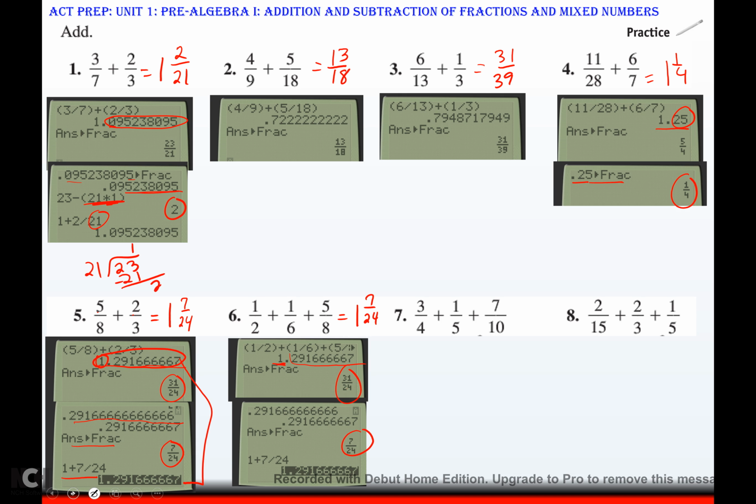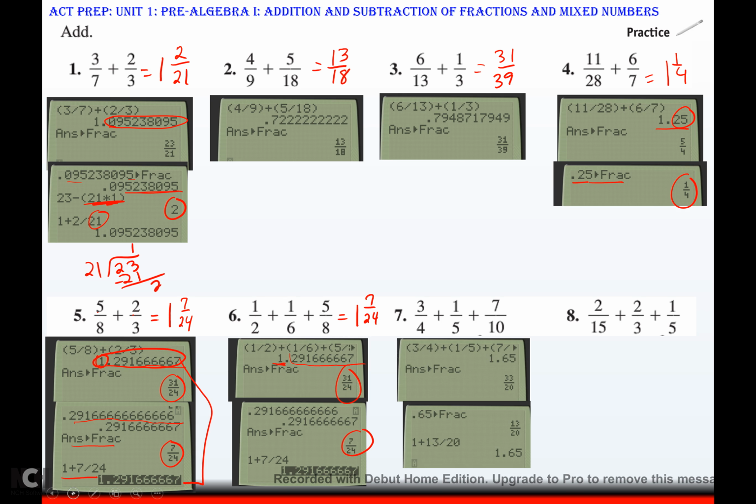Okay, try number 7. I got 1.65 as a fraction is 33 over 20, which is improper, so this tells me it goes 1 whole time and 0.65 left over. 0.65 math enter leaves 13 over 20 left. Okay, try 8, and I typed it in and got 1.